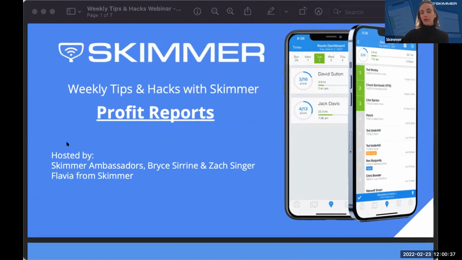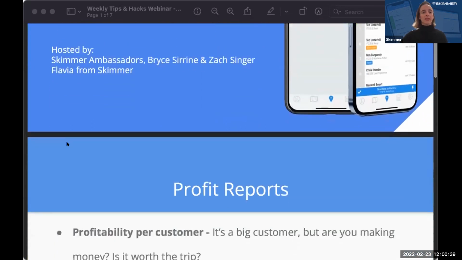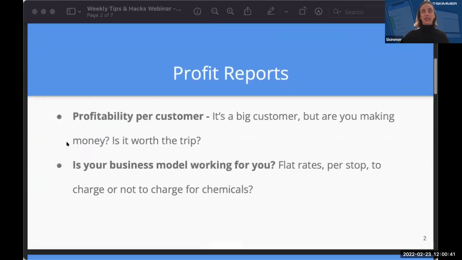To make profit reports work, there's a couple things that need to happen. But the awesome part about profit reports, if you've never seen them before, is you'll be able to look at profitability per customer. Frequently, maybe there's a big customer, but it's not quite clear whether you're making any money. Maybe it's in a very far away service location.